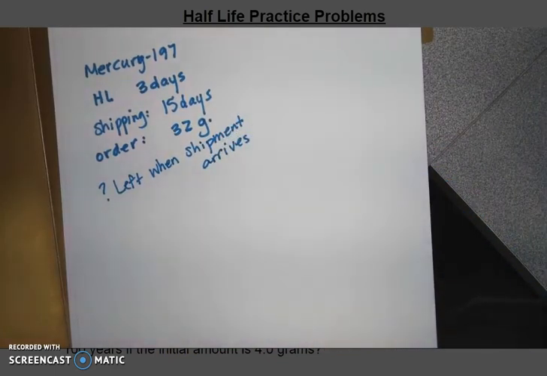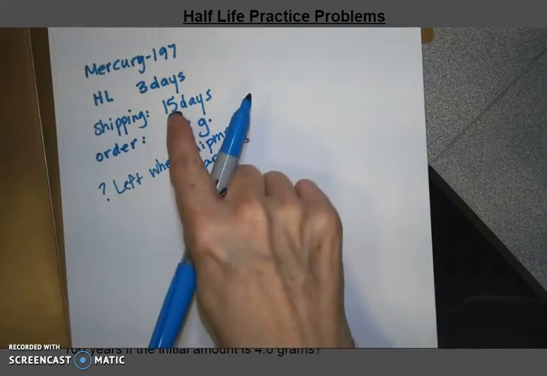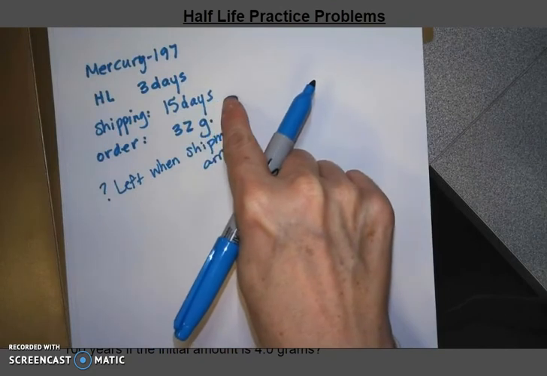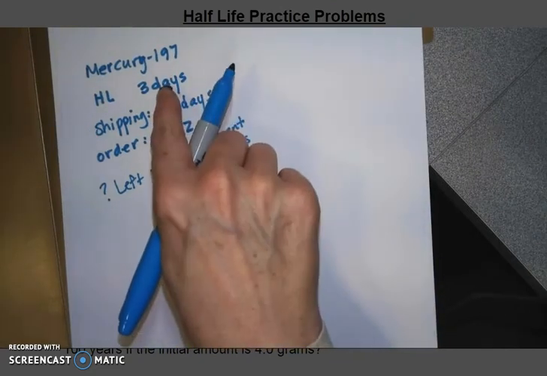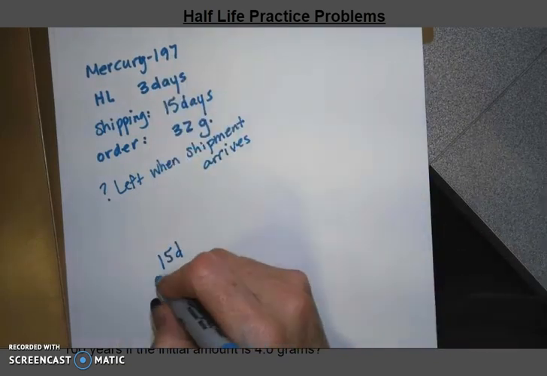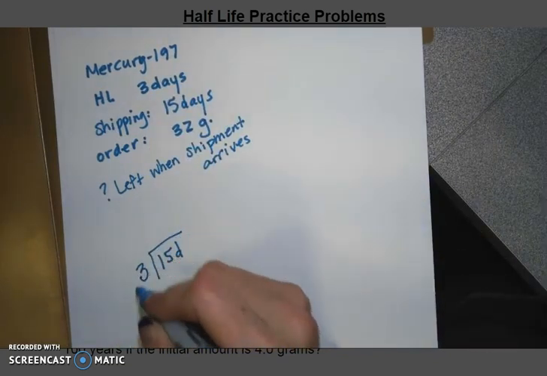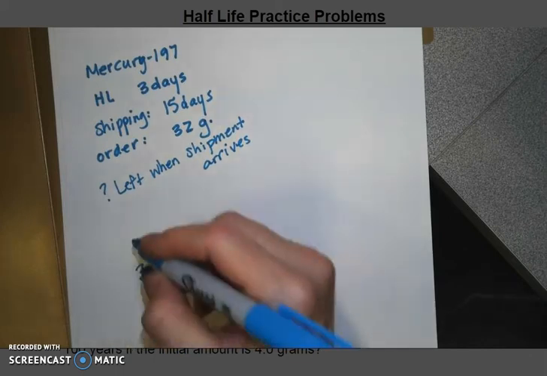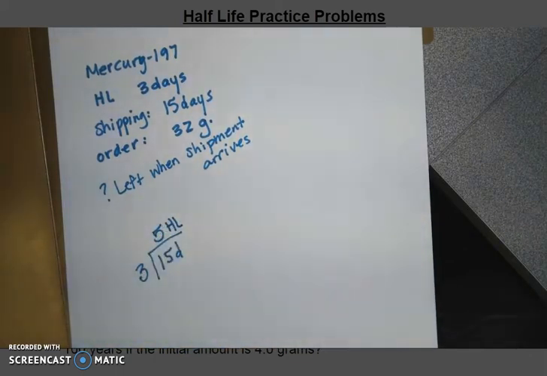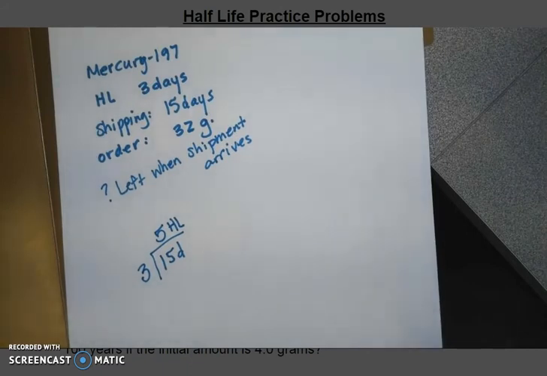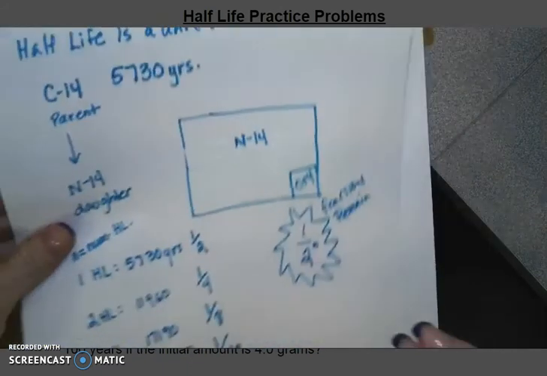So the first thing you're going to do is you're going to figure out how many half-lives the shipping takes. Well, it's 15 days, but each half-life is only 3 days. So it's taken 5 half-lives. Okay? Then we're going to go back to the formula that we just made before.